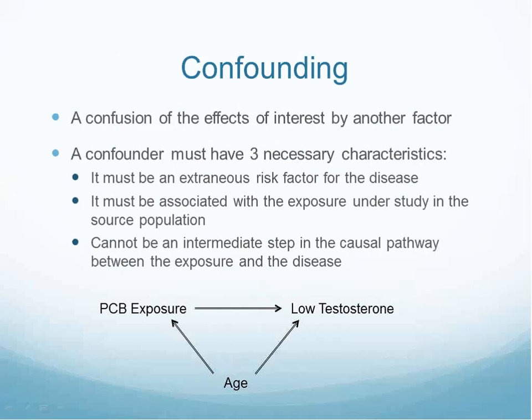So I just thought of a recent example. We did a recent analysis looking at PCB exposure among men and low testosterone. So we might see an association that is quite strong if we don't consider other factors. But age is known to be a very strong factor in having increased PCB concentrations, at least for the persistent congeners in your blood, and also increased age is associated clearly with lower testosterone.